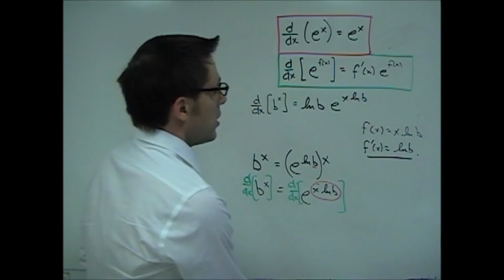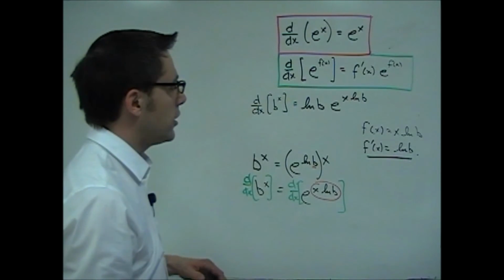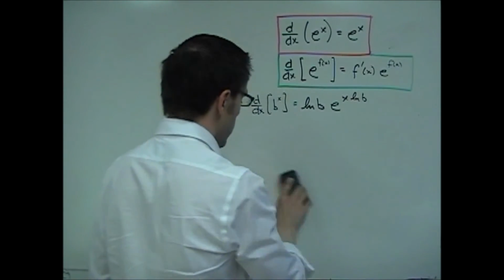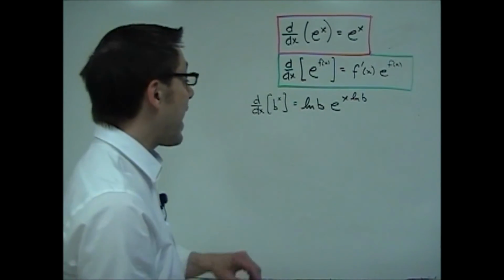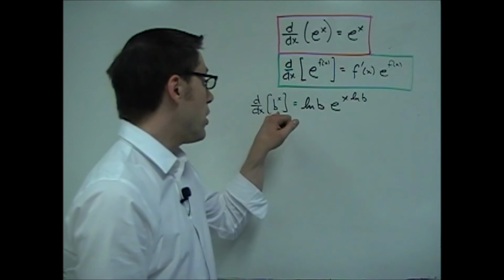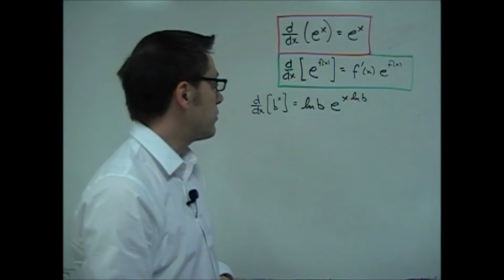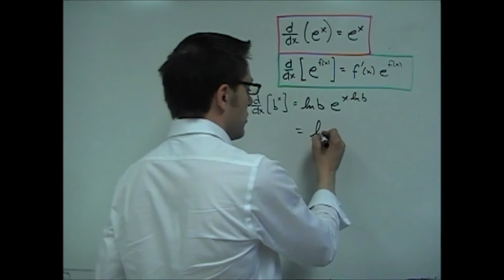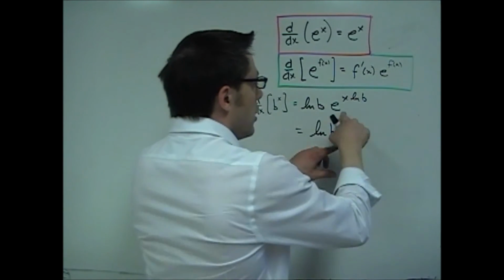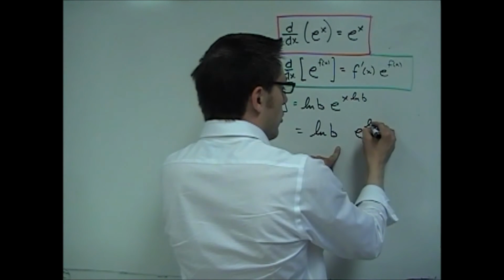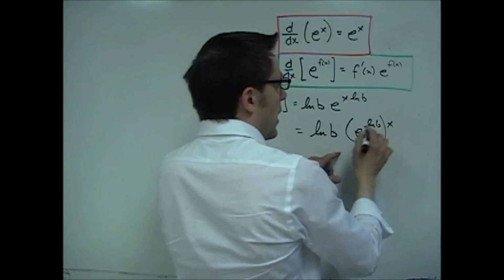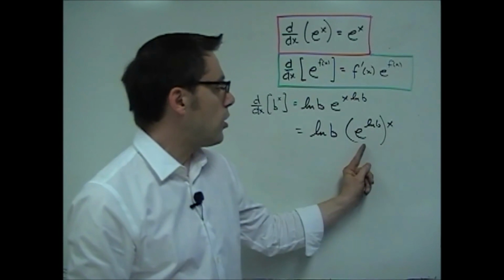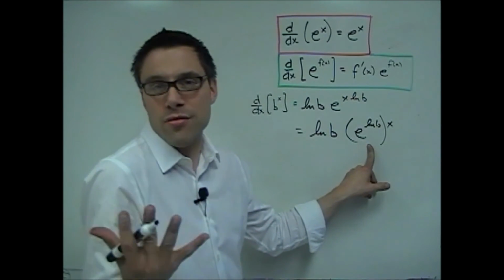Okay, and now I can rewrite this a little bit, because I don't really want exponentials back in there, but I needed them in order to come up with the actual derivative formula for this general exponential function. So I can rewrite this again. This is log b, clearly still there. This I can rewrite again as e to the log b, to the x power. But really, think about it, this is still b, just as we constructed it.